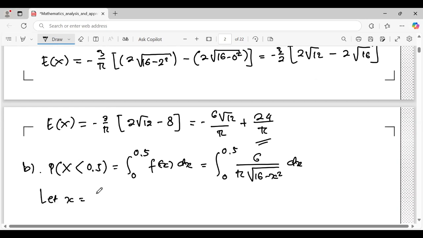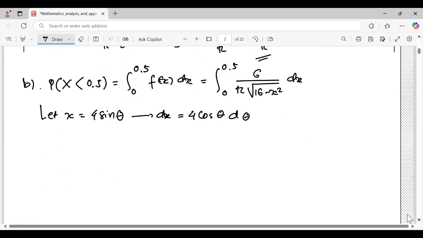Let x equal 4 sine theta. So it means dx equal 4 cosine theta d theta. I will describe this one first, x first.